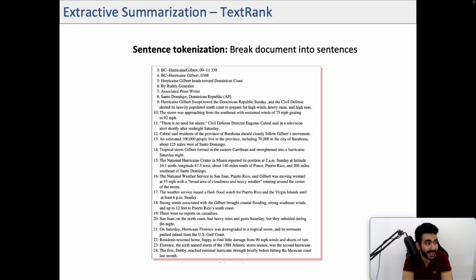So with respect to sentence tokenization, the first step would be breaking the document into multiple sentences with the full stop. And this is how it looks right now in our example, from sentence 3 to sentence 24.